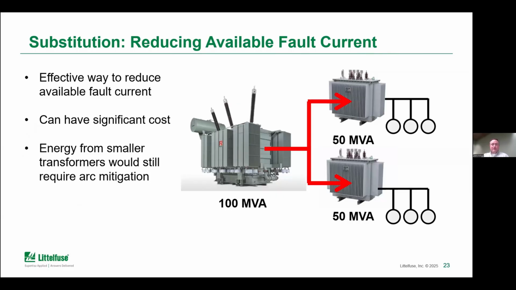So I'll go through a few other topics here and just talk a little bit about how they can reduce the arc risk or the arc energy. So another substitution method of changing the electrical system is, when you're doing that design, instead of having one massive transformer powering a very large amount of equipment, it is possible to divide up the system a little bit and have 2 or 3 smaller transformers.